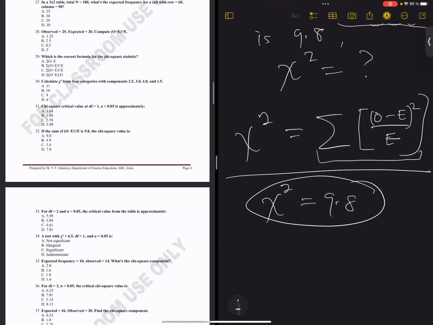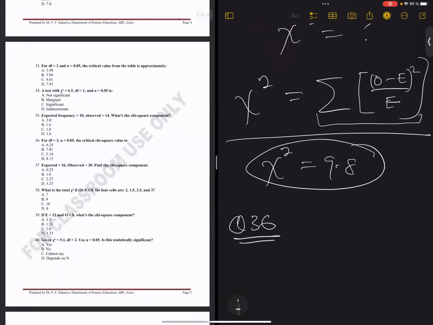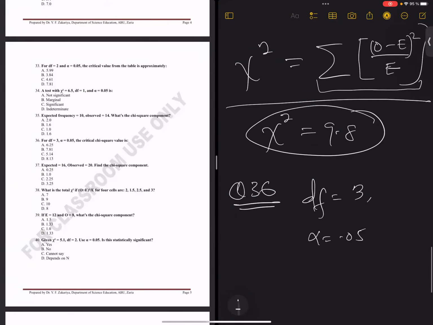Let's go to the next one. That is question 36. Thank you very much for the response. Question 36 says, if degree of freedom, df, is 3, and alpha is equal to 0.05, then the critical value is what? This is just testing your knowledge of reading the table for chi-square.